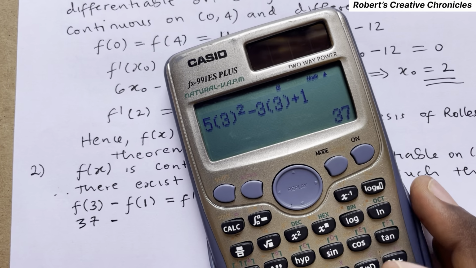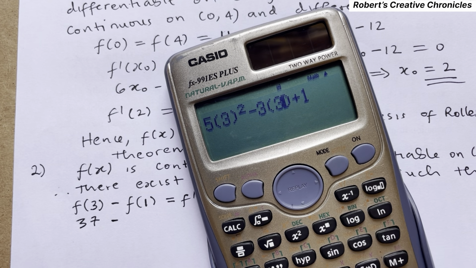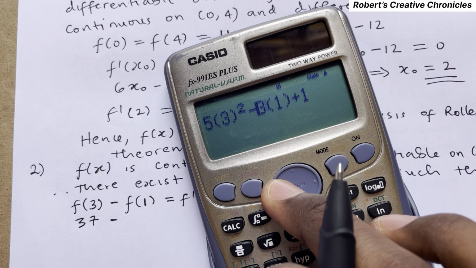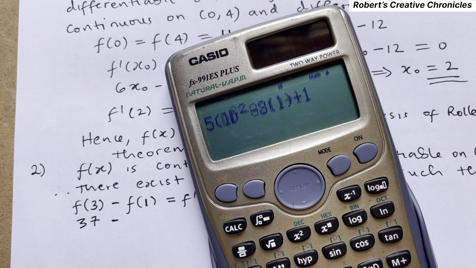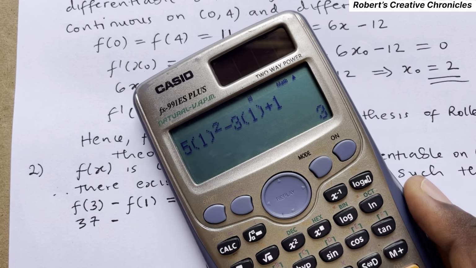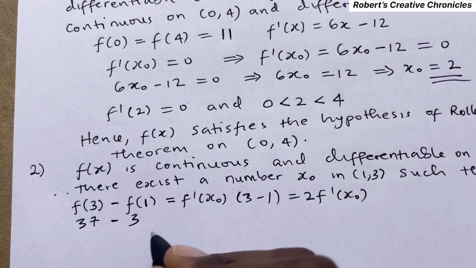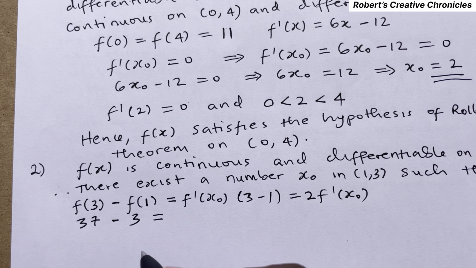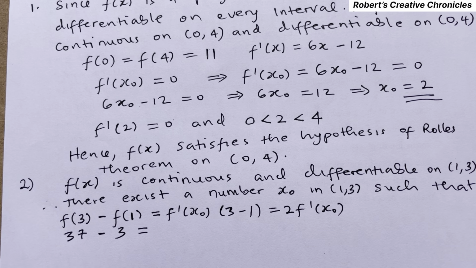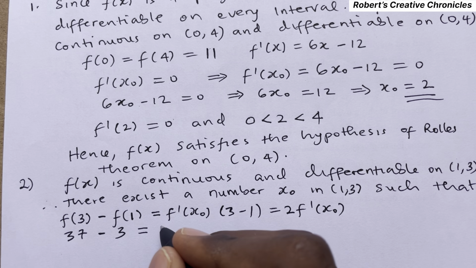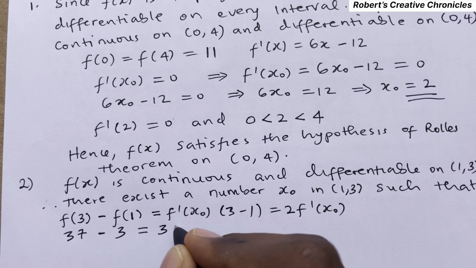Minus f1, which is 3. So 37 minus 3 is 34.